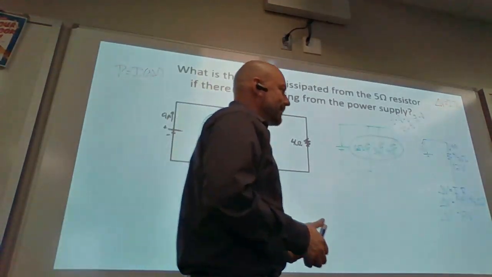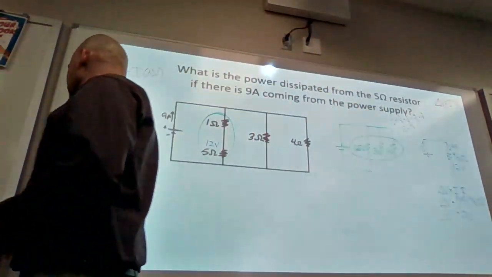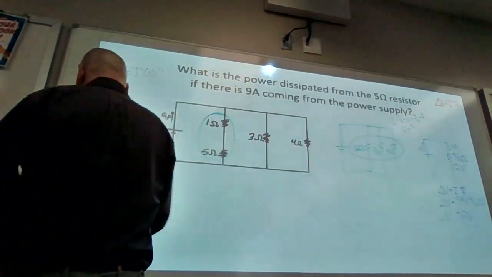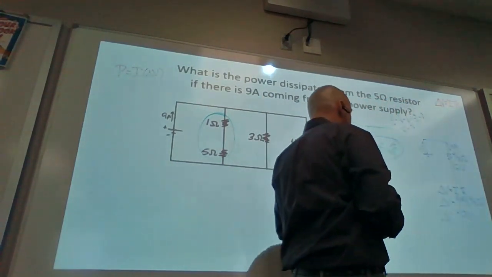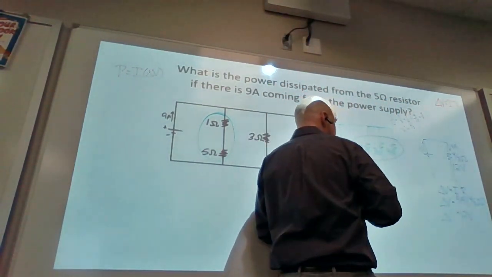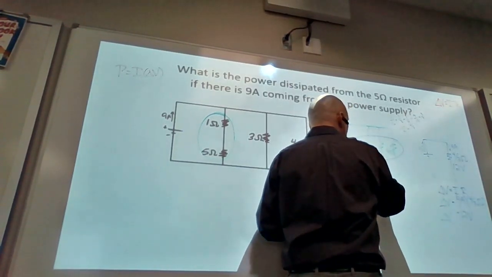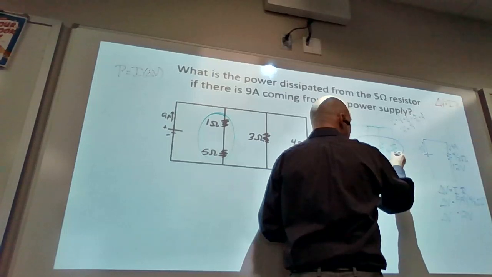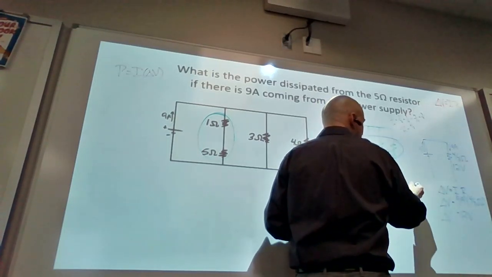You must retrace every step and find the missing measurement for the resistor that you care about. So I've got 12 volts across this one, 12 volts across this one, and 12 volts across this one because these are wired in parallel.